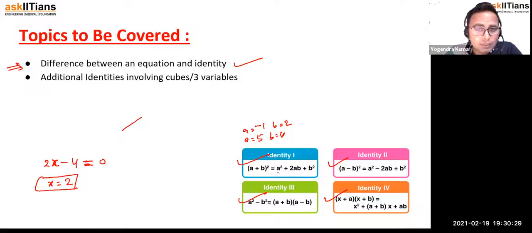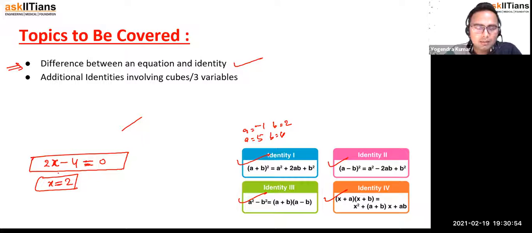But an identity has infinite solutions, and an equation has a limited number of solutions, depending on its degree. That is another discussion point, we need to learn that later. But as of now, what you need to remember is that identities have infinitely many solutions, equations have limited solutions.